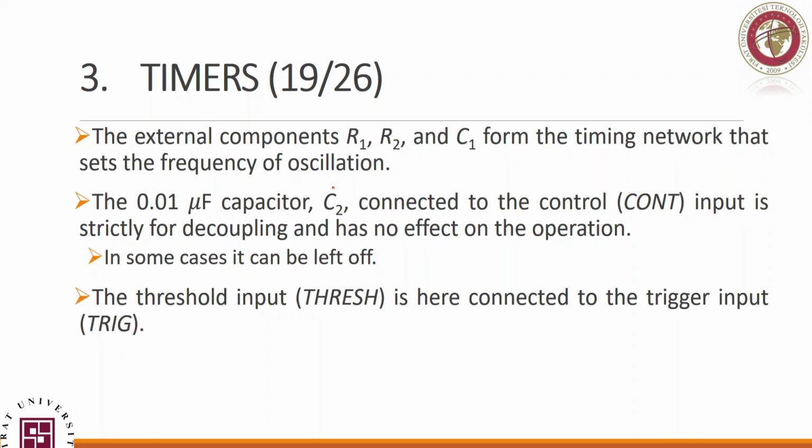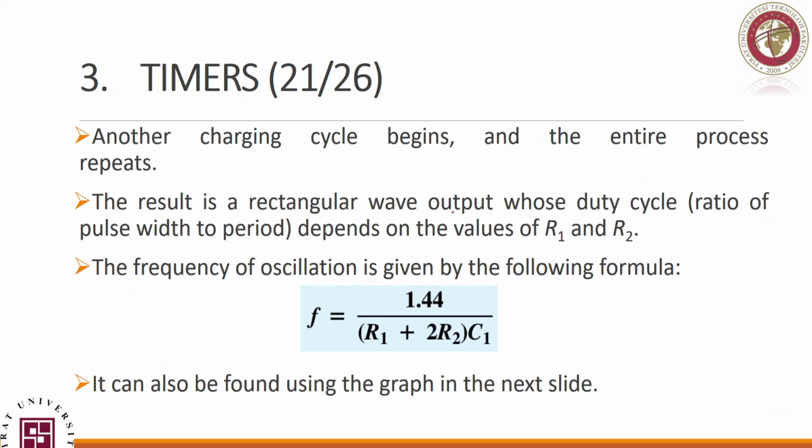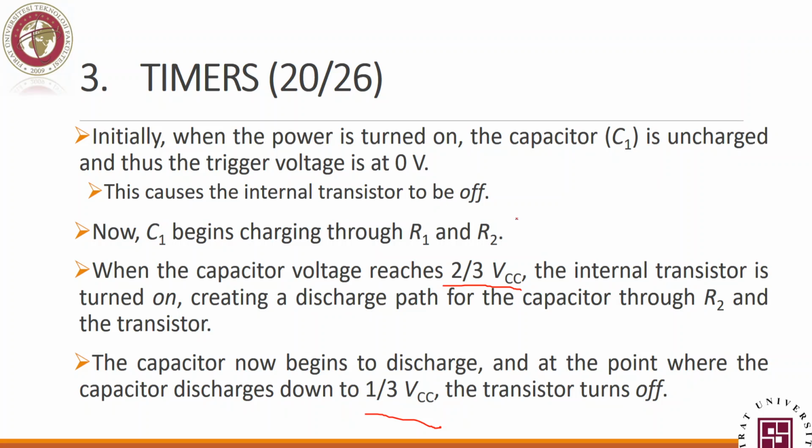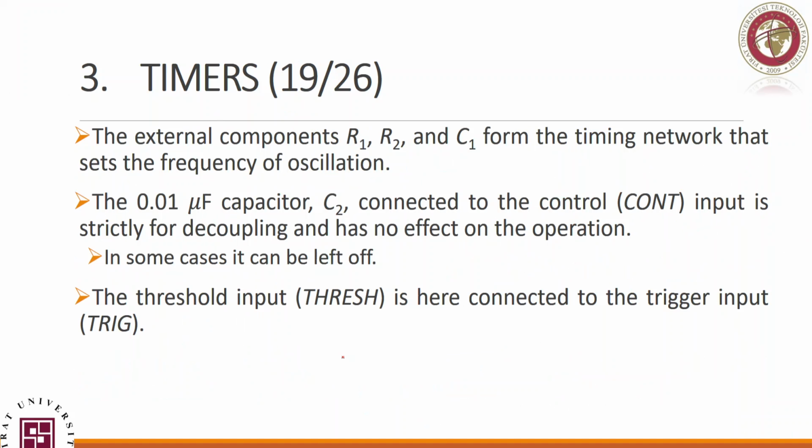What's the duration for charging, discharging, or the bouncing, in other words? That's exactly determined by R1, R2, and C1, which determine the oscillation, the whole frequency, the period.